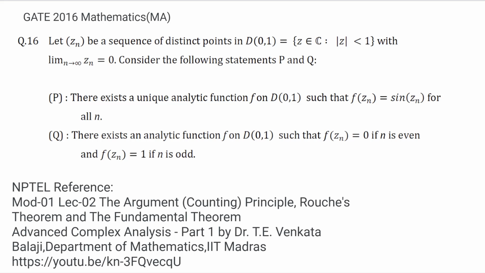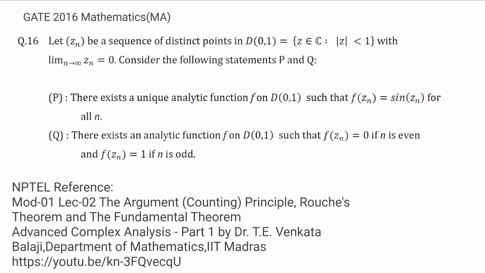The problem is from the GATE 2016 mathematics paper, question number 16. Let Zn be a sequence of distinct points in D(0,1), that is, Z in C such that |Z| < 1, with the limit as n tends to infinity of Zn equal to 0.